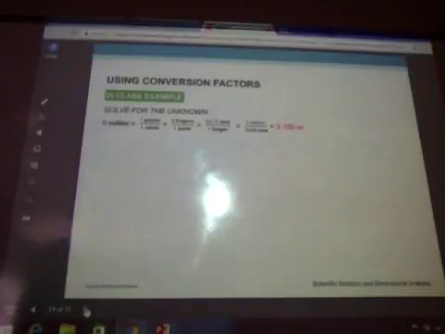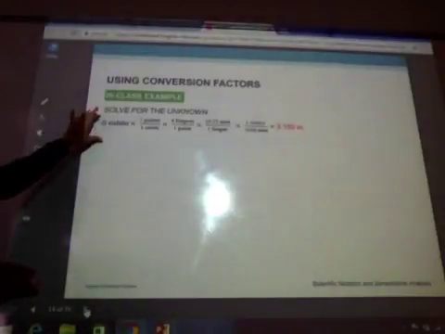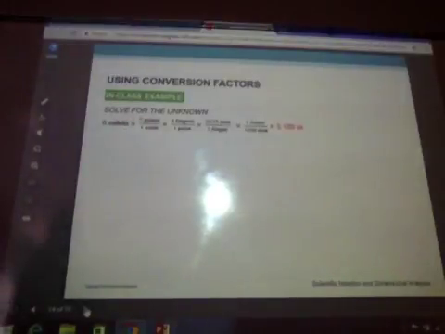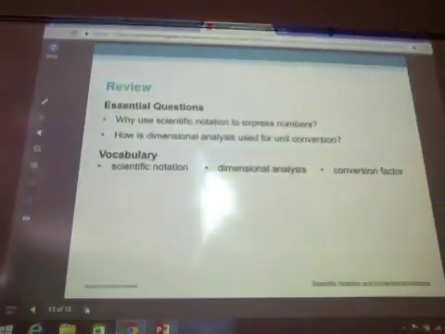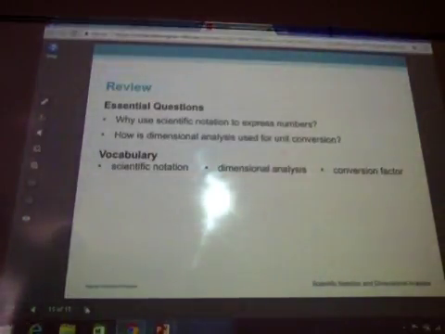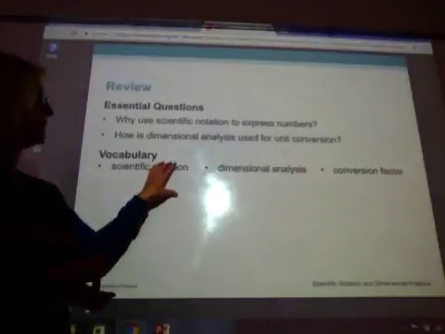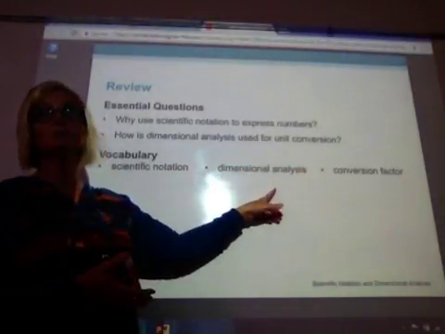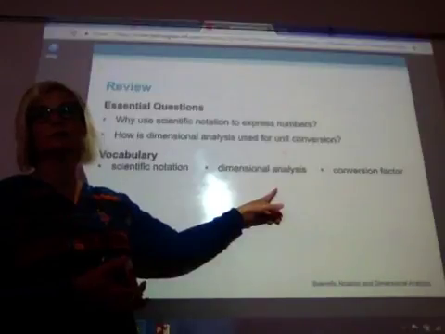And then here's just the solving that we did already, so you have that in your notes if you want to go back and look at it. And then the last slide has your vocab, your essential questions, which, to be honest, the vocab, not very big, but make sure you know how to use all of these. Okay?